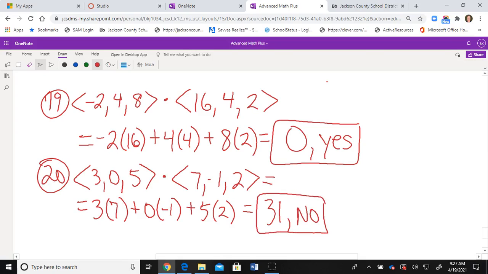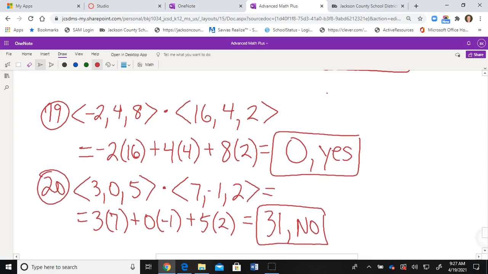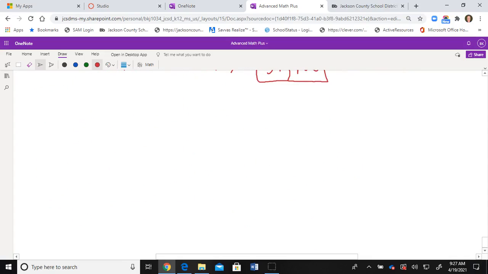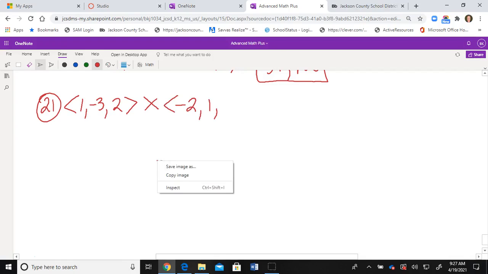Any questions on the inner product? All right, 2 more. Kind of done though. Cross product. That is the matrix one. We're doing 1, -3, 2, cross product with -2, 1, and -5.